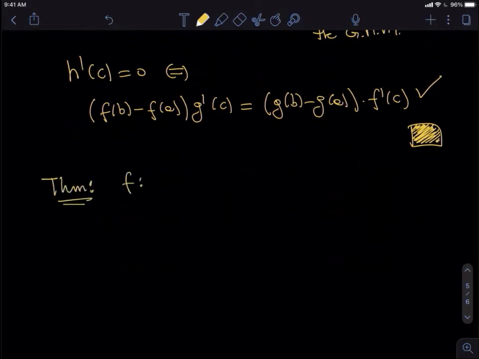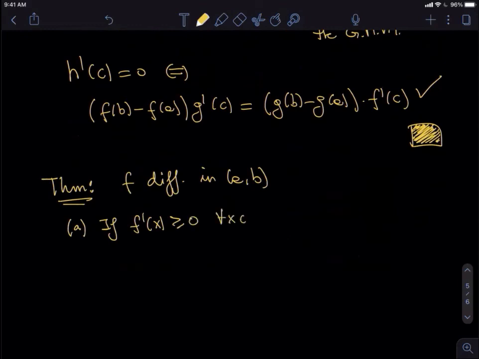If we have a function differentiable in (a,b), the open interval, therefore also continuous, and we know that f prime is non-negative for all x in the open interval, then f is monotonically increasing.